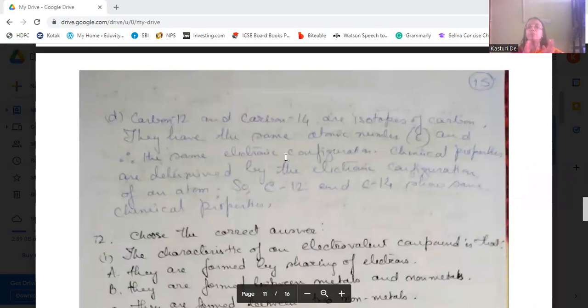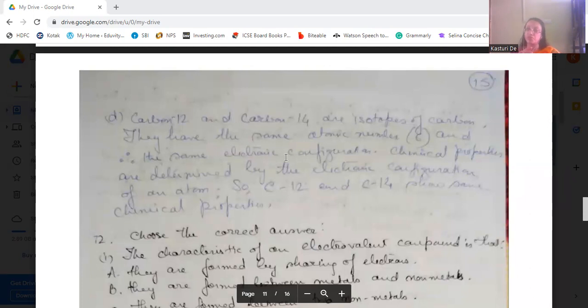As the atomic numbers are the same, their electronic configuration will be the same, and therefore, as chemical properties depend on the electronic configuration, the chemical properties will also be the same. Only their mass numbers differ, that is, the number of neutrons differ.